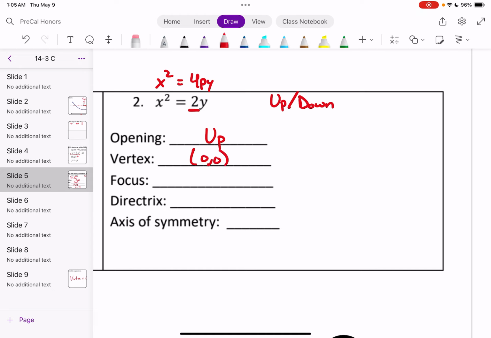In order to find the focus, we need to set 4p equal to 2. P is equal to 2 over 4, which is equal to 1 over 2.